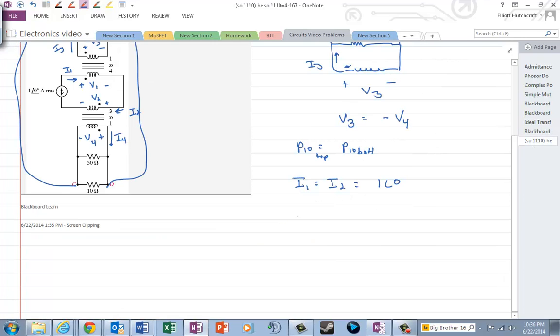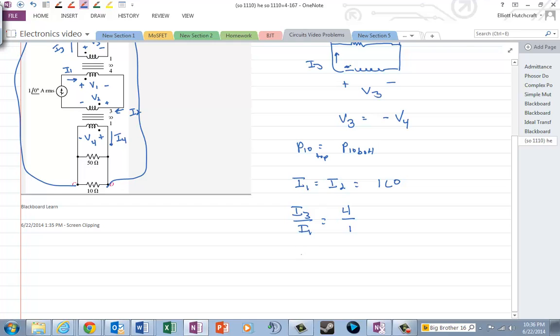If we know I1, we can use the ideal transformer equation. I3 over I1 is equal to, the easy way to remember it for me is V3 over V1 is equal to N2 over N1, and I3 over I1 is equal to N1 over N2, the opposite of that, so that will be 4 to 1.